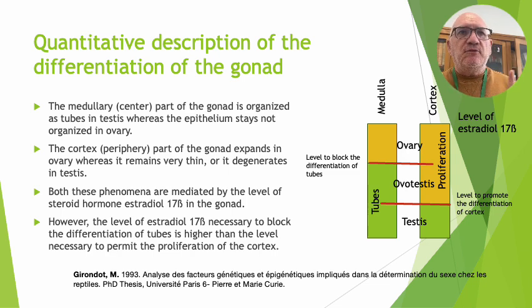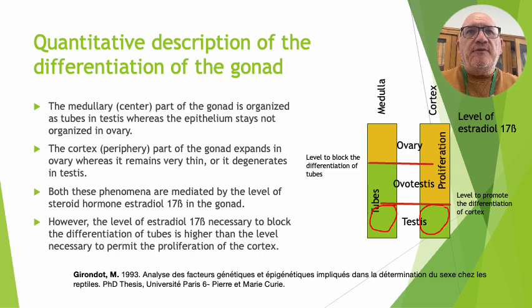I have tried to summarize what happens for differentiation of the gonad depending on the level of estradiol 17 beta in the medulla at left and cortex at right. When the level of estradiol 17 beta is very low, it permits the proliferation of tubes in the medulla, and the cortex stays very thin, it does not proliferate.